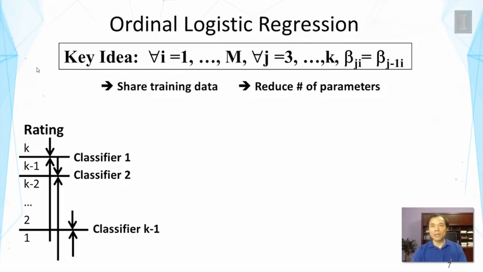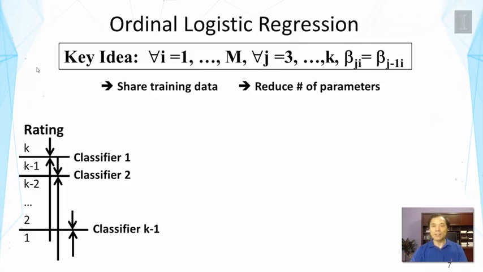And that means we are going to assume the beta parameters, which are the parameters that indicate the influence of those weights, are the same for all the k-1 classifiers. And this just encodes our intuition that positive words in general would make a higher rating more likely. So this is an intuitively appealing assumption. It's reasonable for our problem setup when we have this order in these categories.